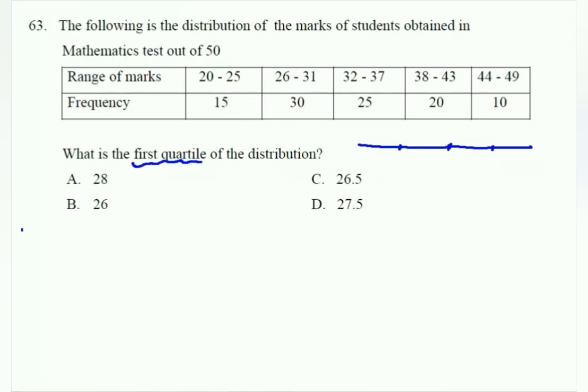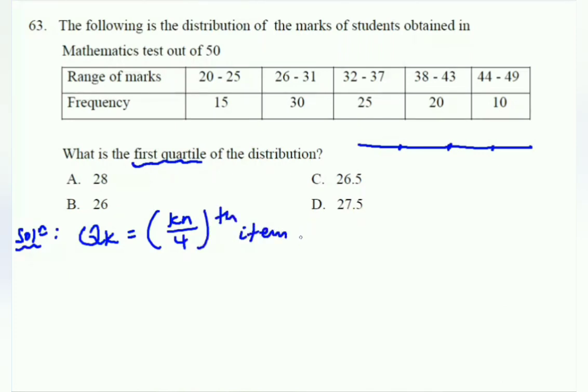By definition, we can get the position of the k-th quartile by this formula: kn over 4's item, where k takes values 1, 2, 3 because we have only 3 quartiles.